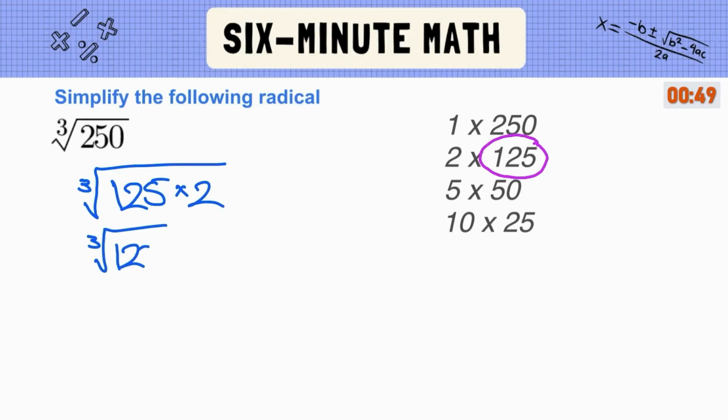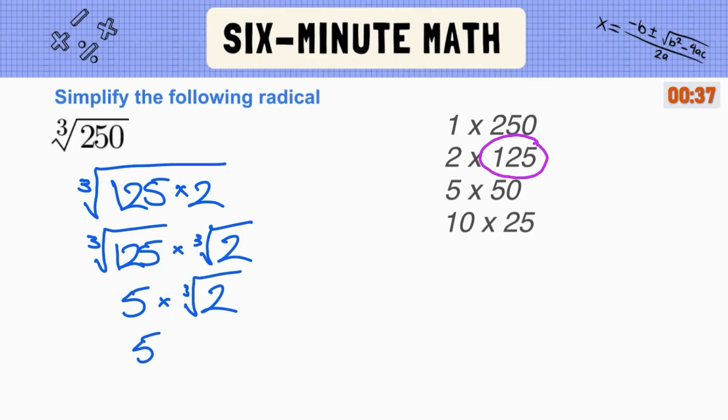We're going to split that into the cube root of 125 times the cube root of 2. The cube root of 125 is 5 times the cube root of 2. And then we'll make that look nice. 5 cube root 2. Those are all the examples we have today for simplifying radicals using the perfect square method.